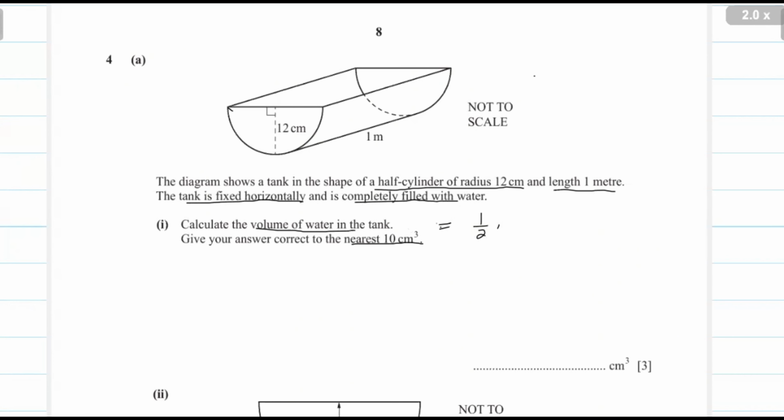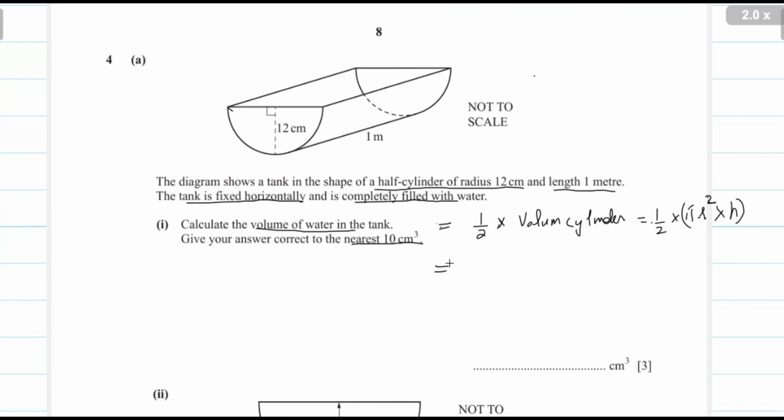The volume of a cylinder is base area times height, and the base area is pi r squared, times h. This is the formula of the volume of a cylinder, and we multiply by 1/2 to get the volume of water.